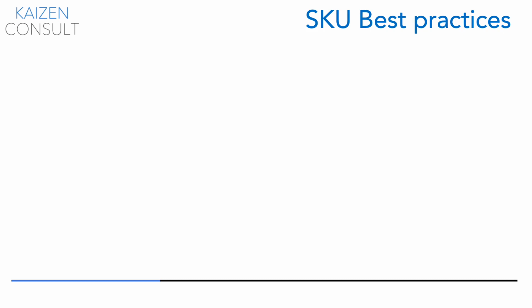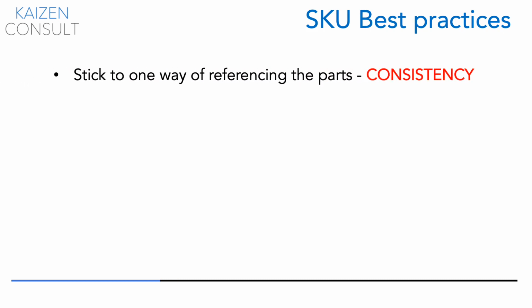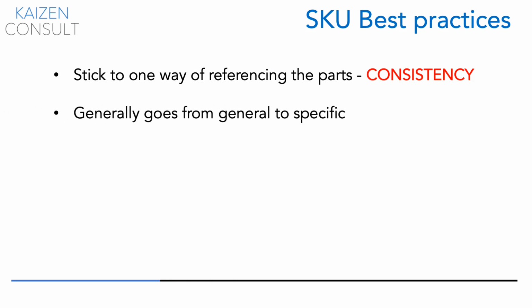Here are some tips on best practices. You need to be consistent. Stick to one way of referencing your parts. Consistency is key to keep a standard. It generally goes from general to specific. You start with the brand or the type of product, then go down to specific features.